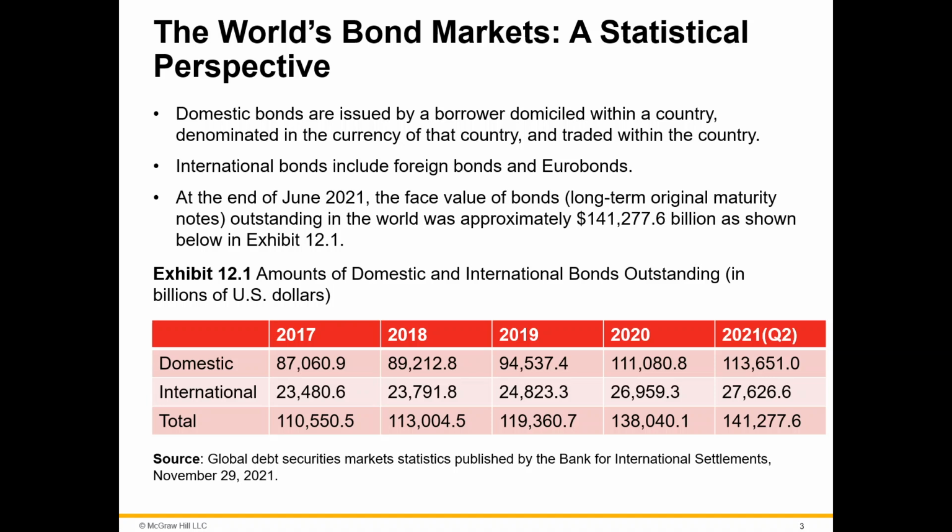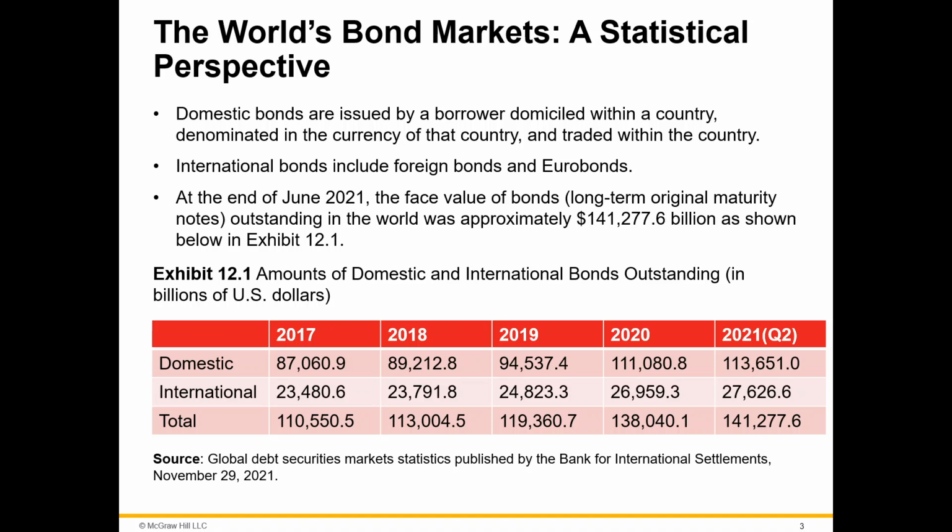On average, companies are issuing domestic bonds more than international bonds, but international bonds are still significant, right? This is still very large. If you go to 2021, the last data we have from our text, we were talking about $27.5 trillion of international bond issuance.